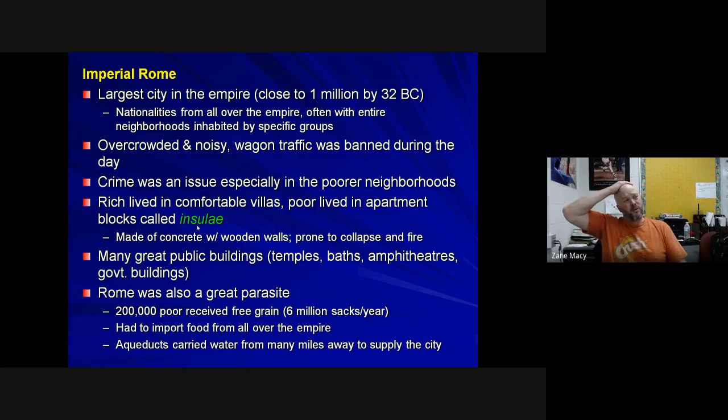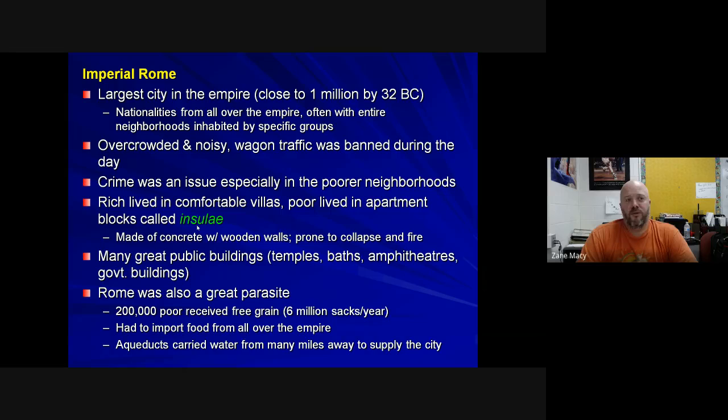These baths would be more for soaking, and you might have bathhouses for the poor, but the large, beautifully decorated bathhouses tended to be for the wealthy, and they were more like spas, where you would soak.